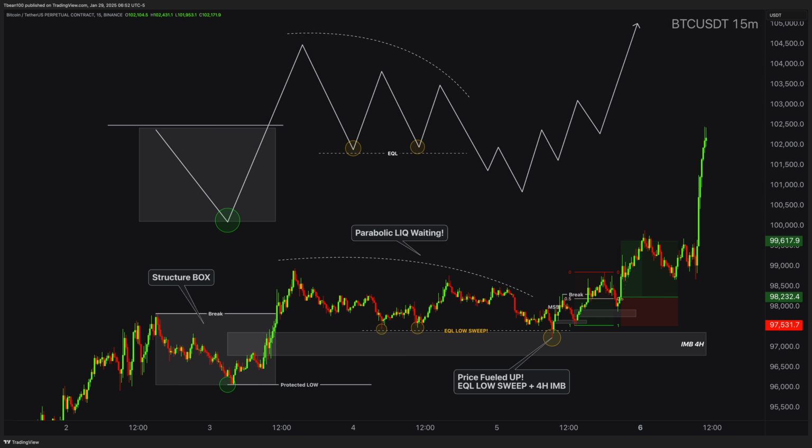At the same time, this nice parabolic liquidity builds upward. Price drops to the structure box imbalance area and also sweeps the liquidity and gathers all the liquidity and fill it needed for the next rally. Then a couple of consecutive breaks with imbalances give you around 2 or 3 trade chances to enter.